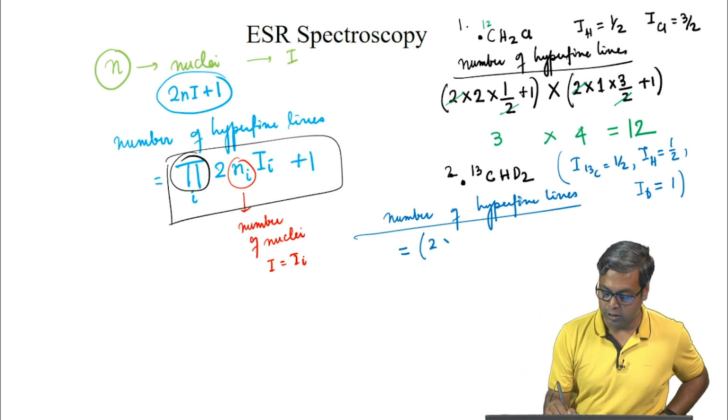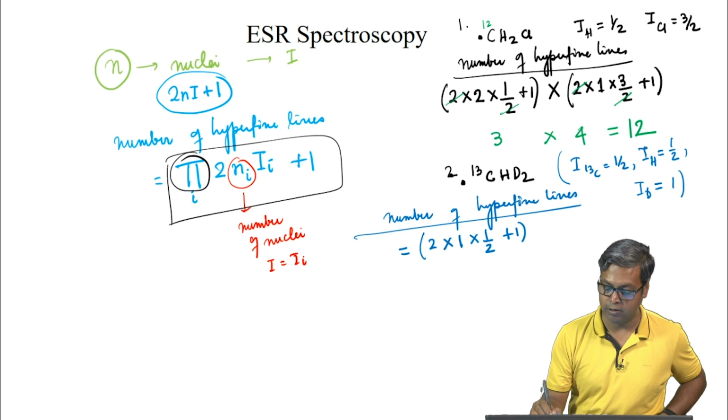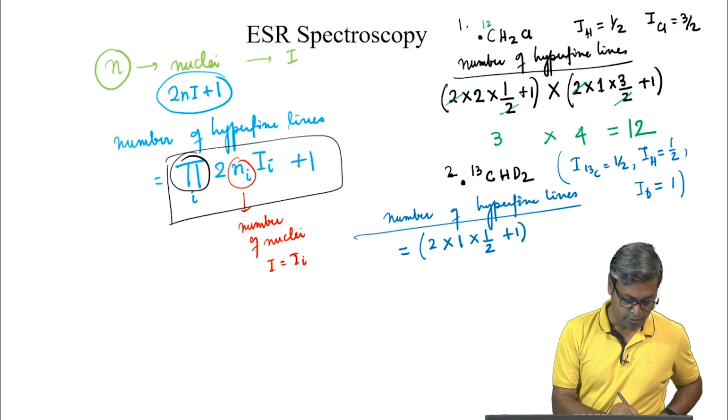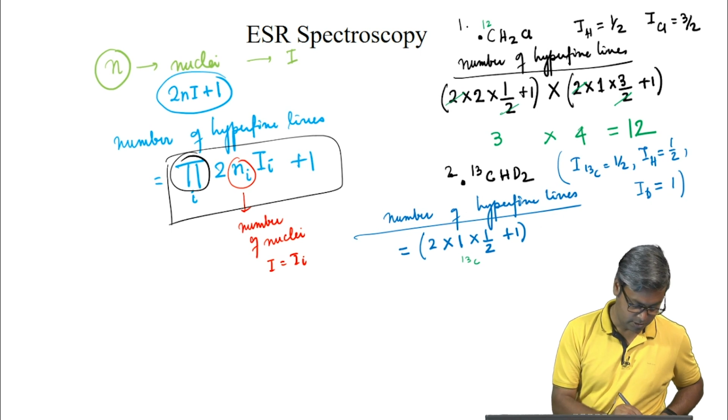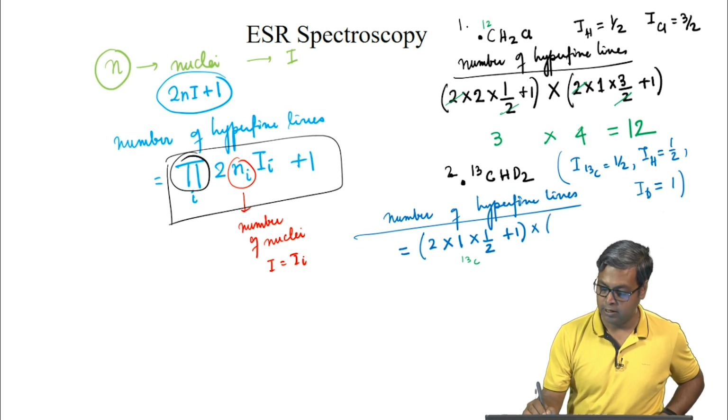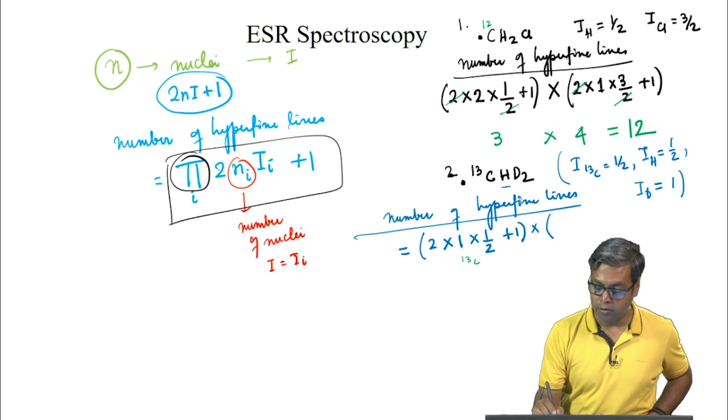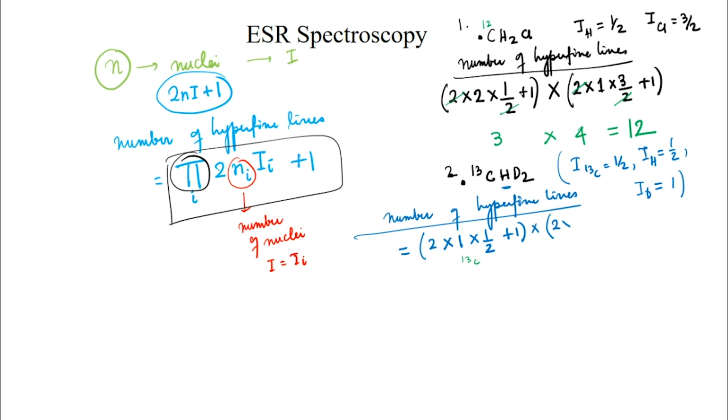That is 2, there is one such nucleus, times I value of half, plus 1. This is coming from the 13C. Then we multiply and look into the proton case. That is 2 times 1 proton times the I value of proton, half, plus 1. This is where I am looking at H. Finally, we multiply with 2, as there are 2 deuterons with I value of 1, plus 1.